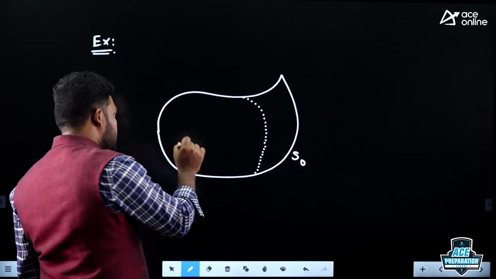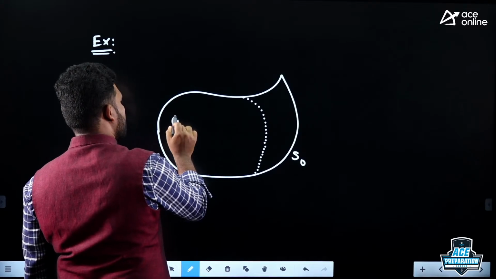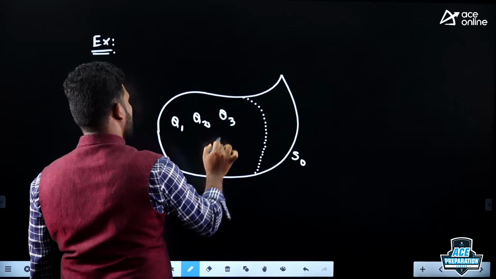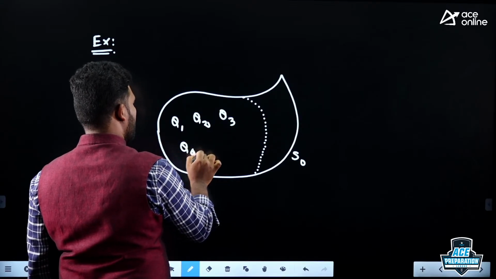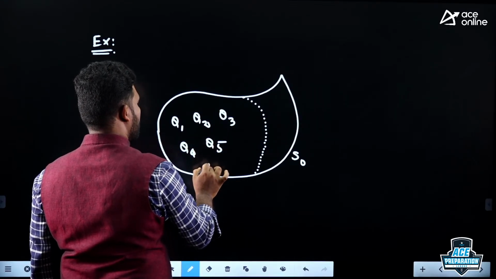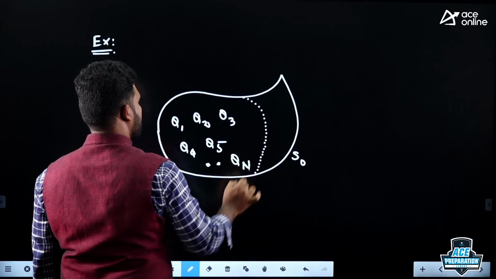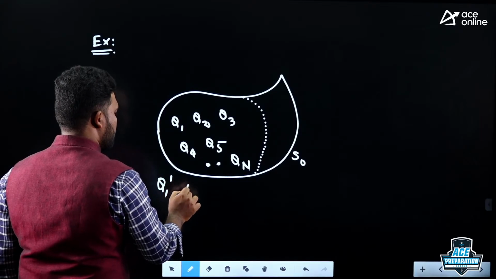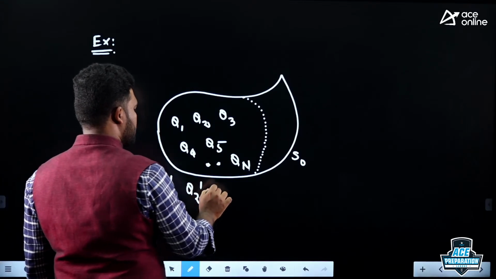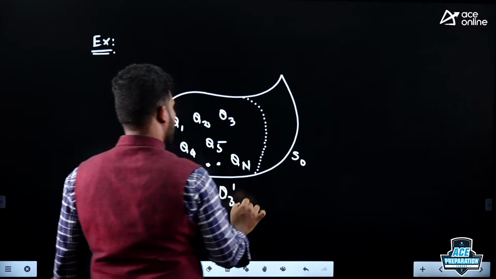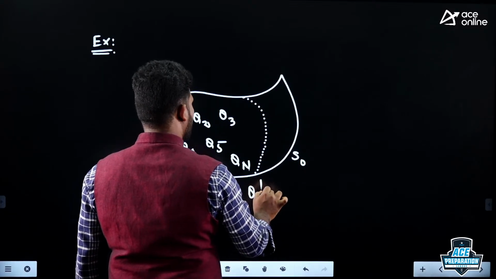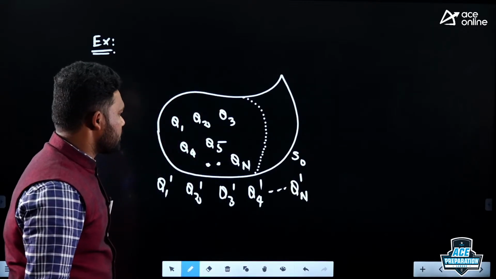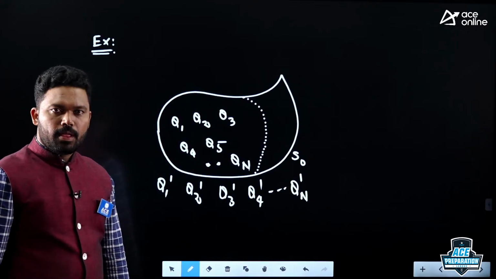Inside this one there are charges. What are the charges? Q1, Q2, Q3, Q4, Q5, up to Qn. Outside this one there are charges. What are they? Q1 dash, Q2 dash, Q3 dash, Q4 dash, and so on up to Qn dash. Okay friends, fine.